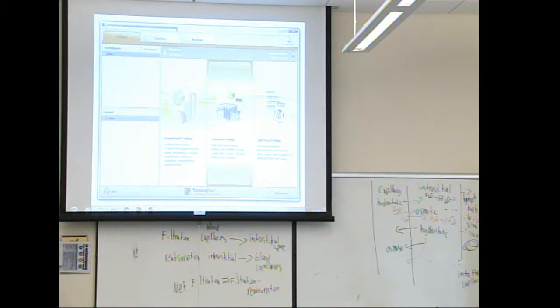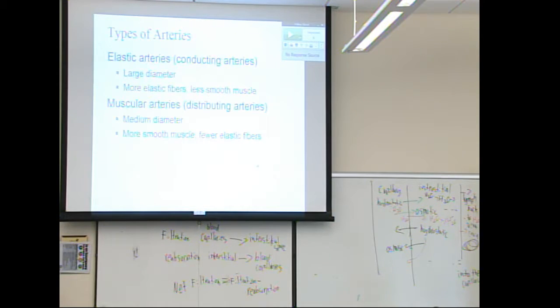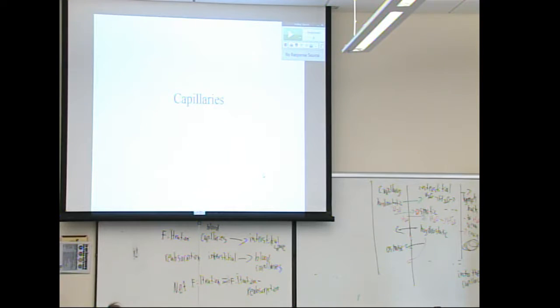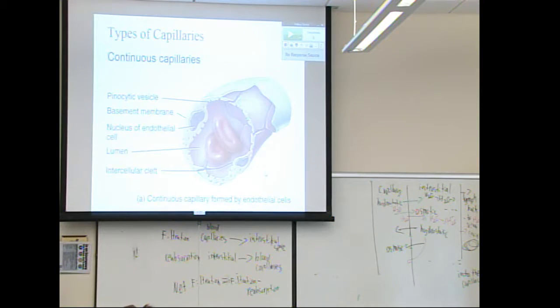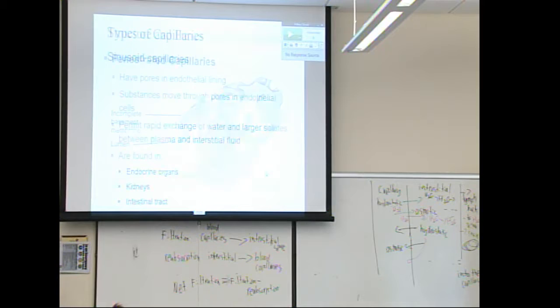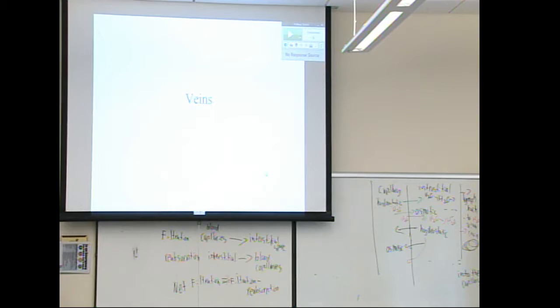Oh, wow. All right. So how far did we get? We talked about types of arteries. We talked about capillaries. I remember, I think we just did the types, and then we were here, right? Yeah. Last kind. Sure.